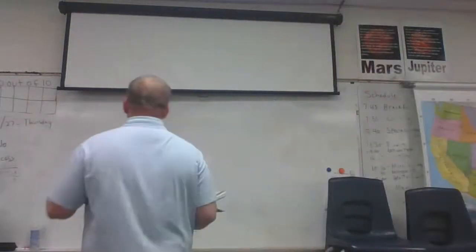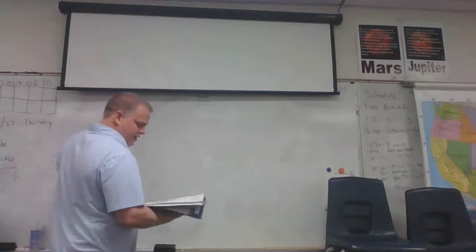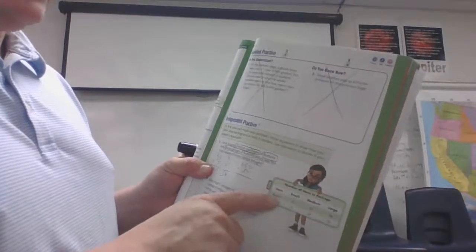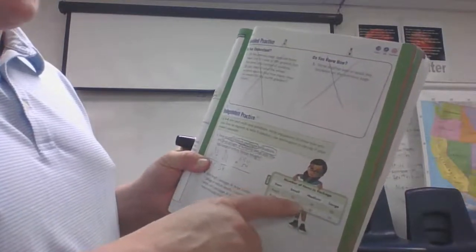Okay, so the key numbers we had to look at, if you're looking in your book, are the numbers of items in the package. So we need to look at the buttons.